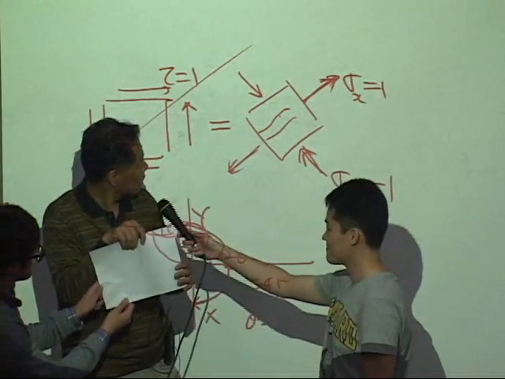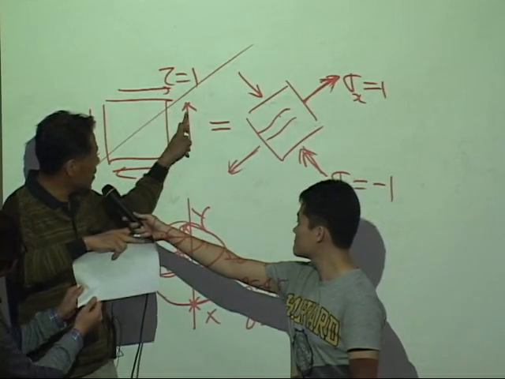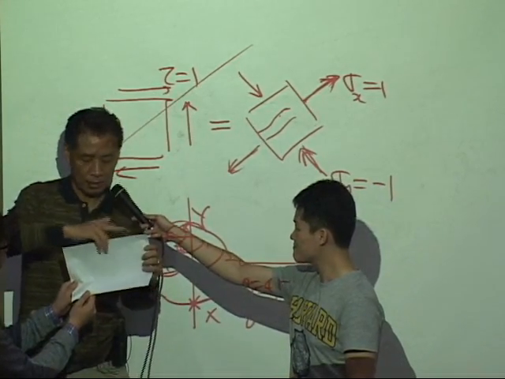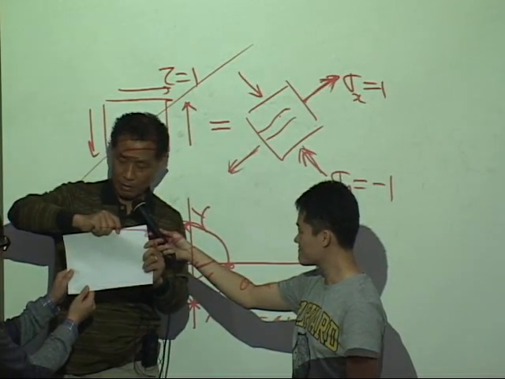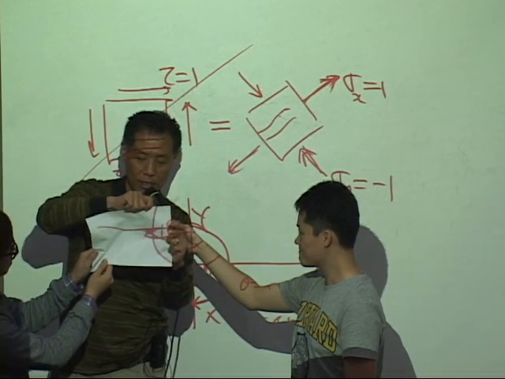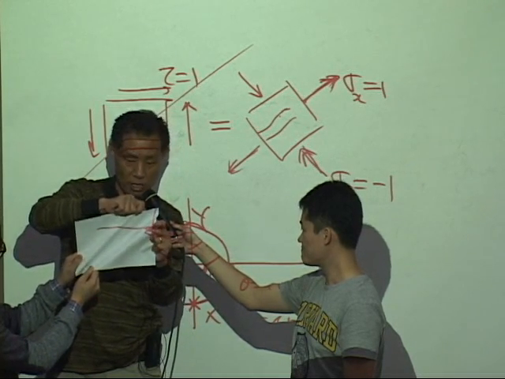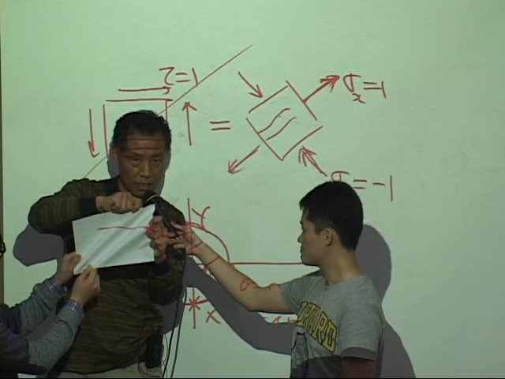I apply this one, and this one, I apply this. And you apply this too. Ready? So I apply it this way. And as you can see here, the wave. Do you see that?